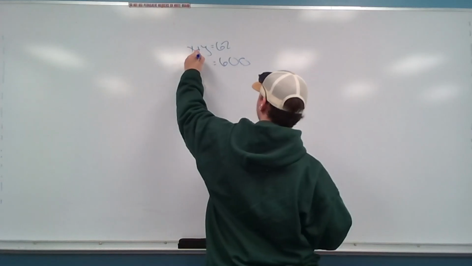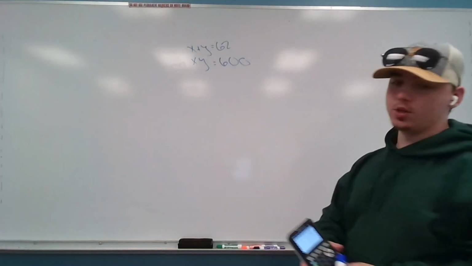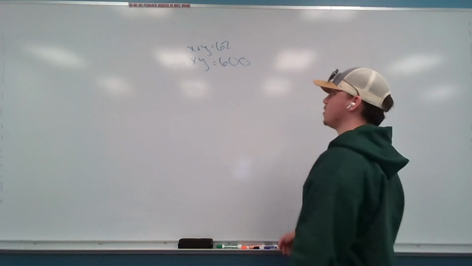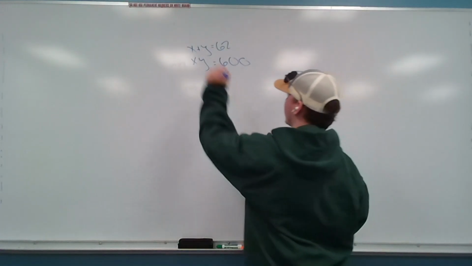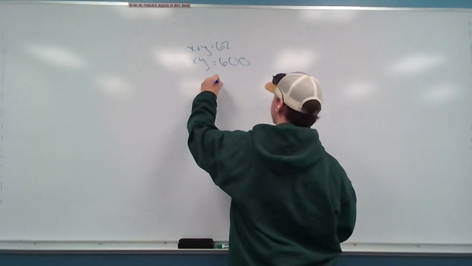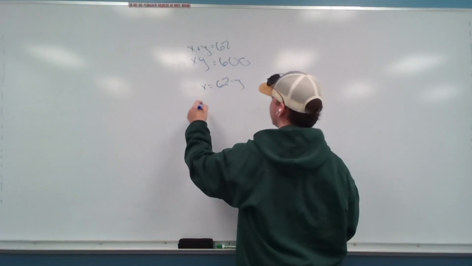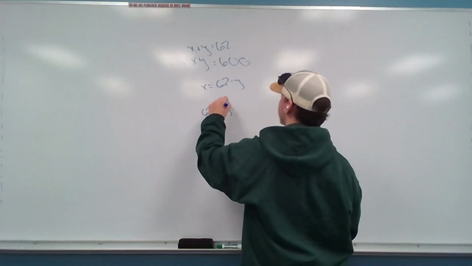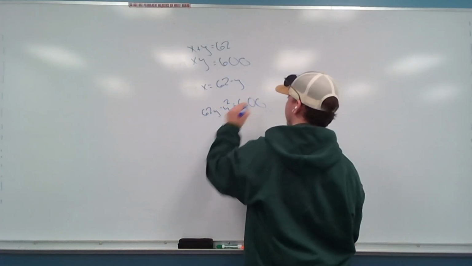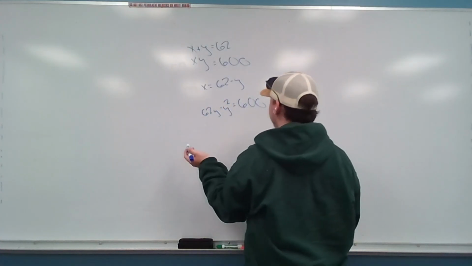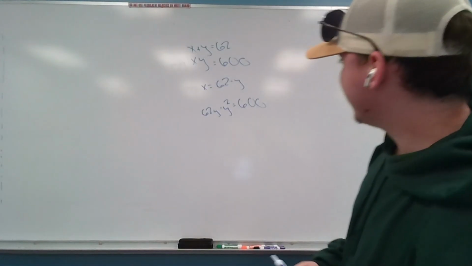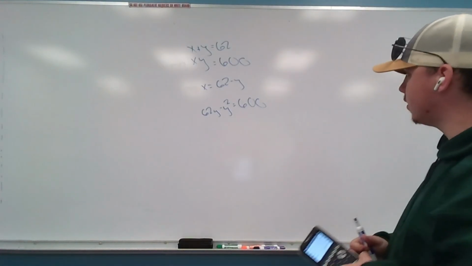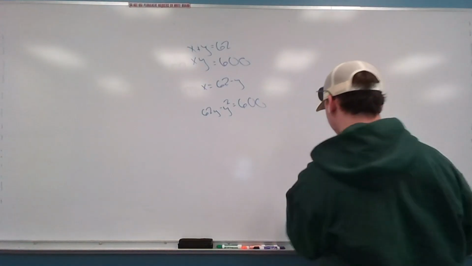And so what you would do is solve it like a system of equations, where x equals 62 minus y, and then we plug that into the other one, and we get 62y minus y squared equals 600.